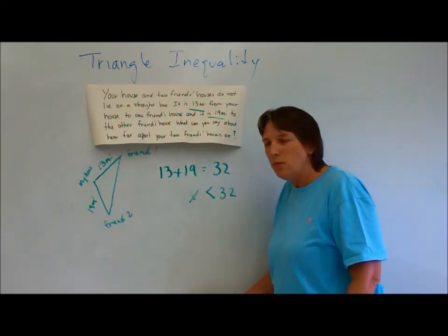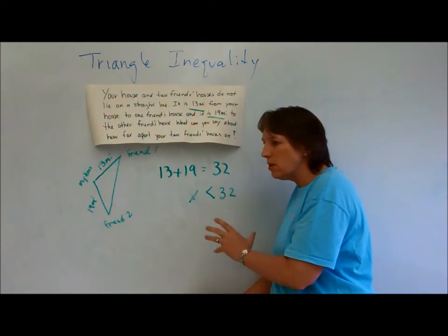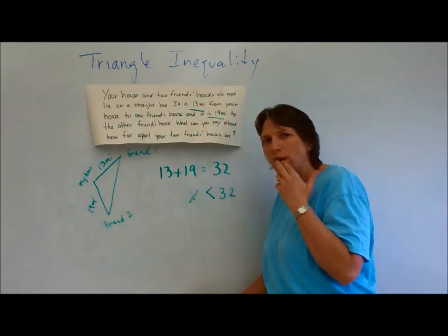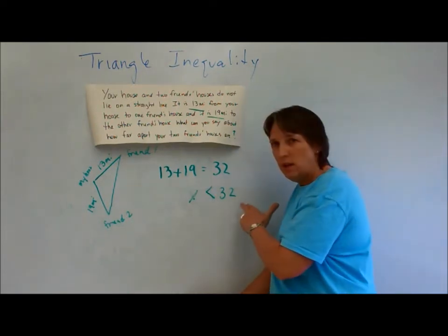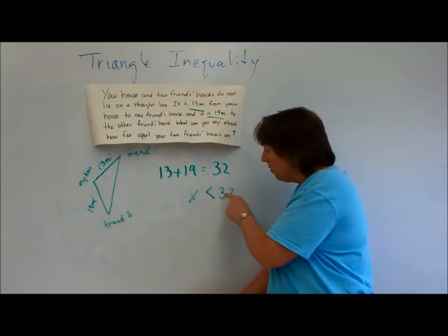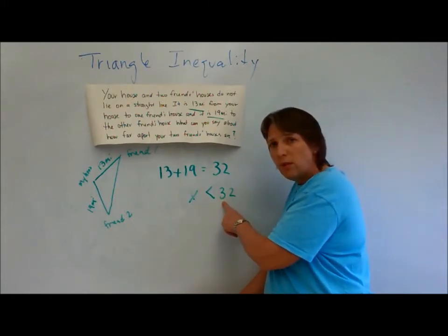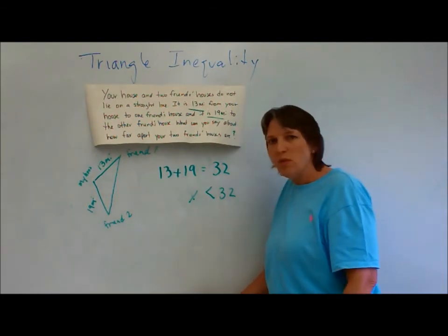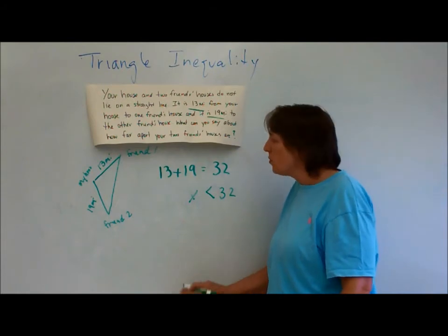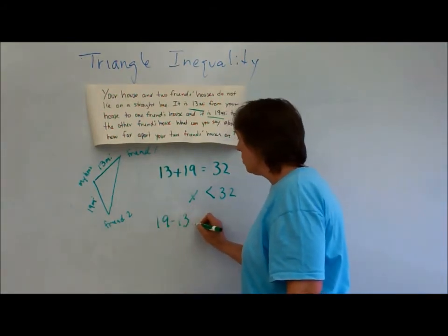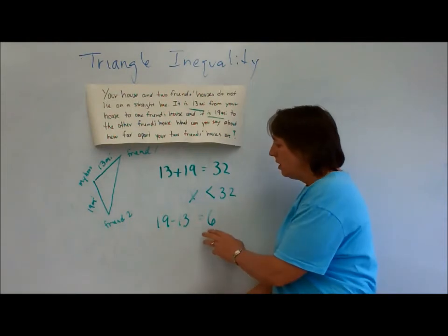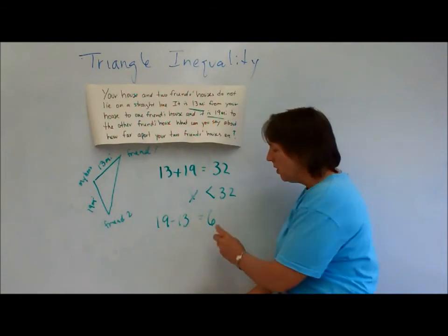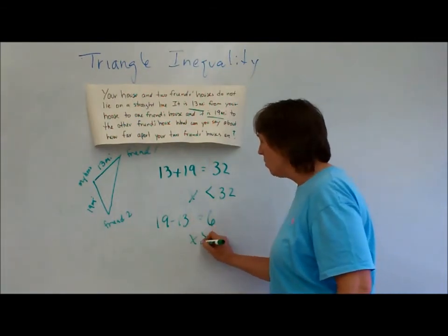What does it have to be greater than? To find the least it can be, we subtract. 19 minus 13 is equal to 6. Can it be 6? No, because then we would have 6 equal to 6. So x is greater than 6.